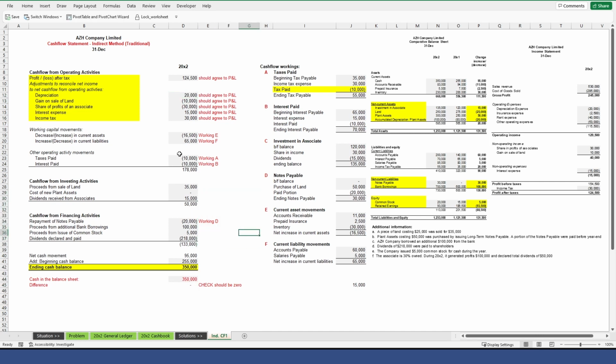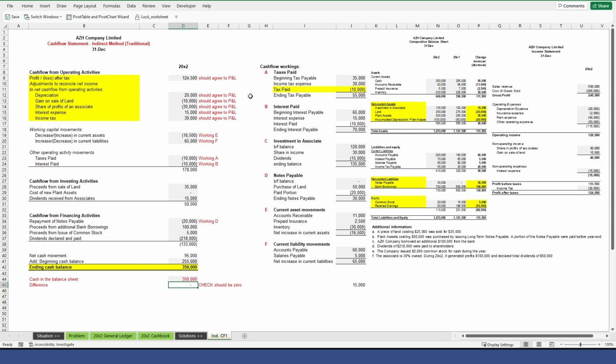In this type of cash flow preparation, you have to be careful that all of your inputs are perfect so that the cash flow will balance in the end. And that's the challenge for this type of cash flow preparation. Hopefully in the next lesson, you will be knowing how to systematically do it to eliminate the trial and error portion of the cash flow preparation.